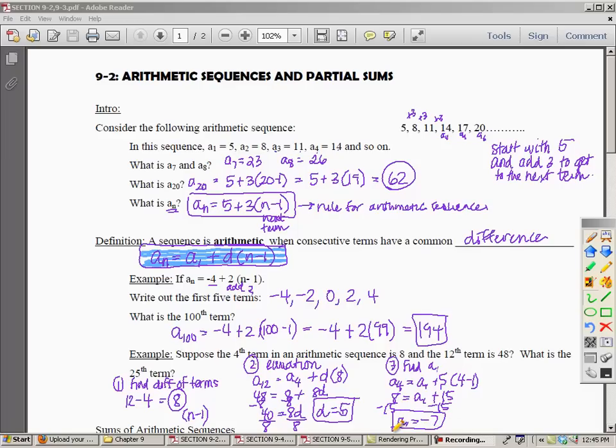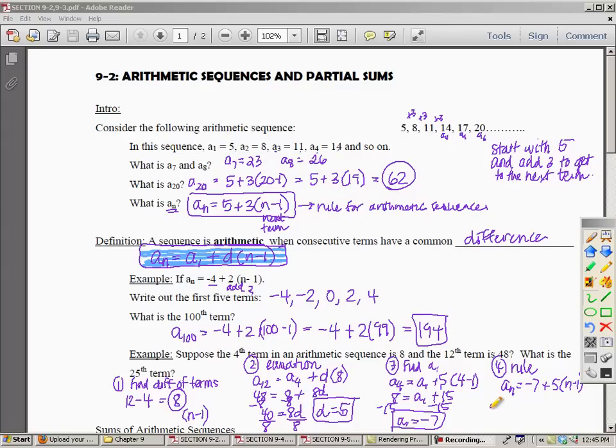Now, what I can do is use what I know to find the 25th term. What I would suggest for you is you write a rule and then find the 25th term. So my rule is a sub n equals negative 7 plus 5 times n minus 1.